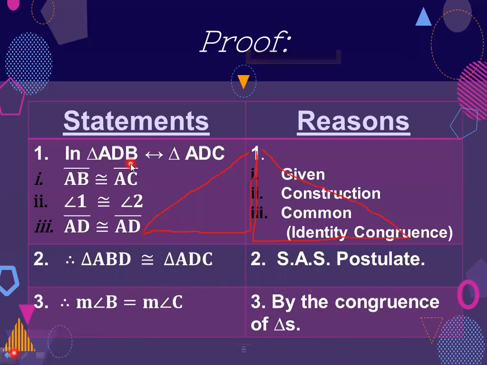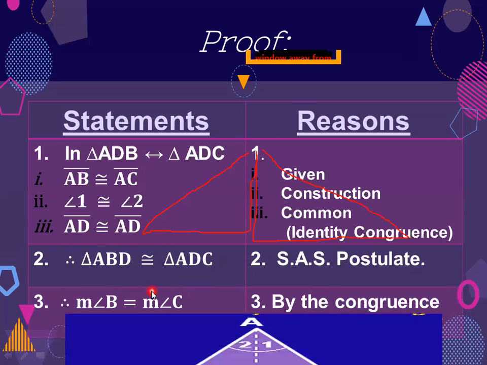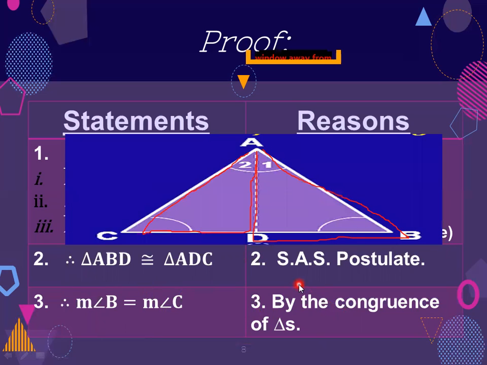Previously you were saying that ADB and ADC were corresponding, but now you are saying that ADB and ADC are congruent as well. Why are they congruent? Because of the side angle side postulate. Now what is the side angle side postulate? Look here, I'm going to explain again.